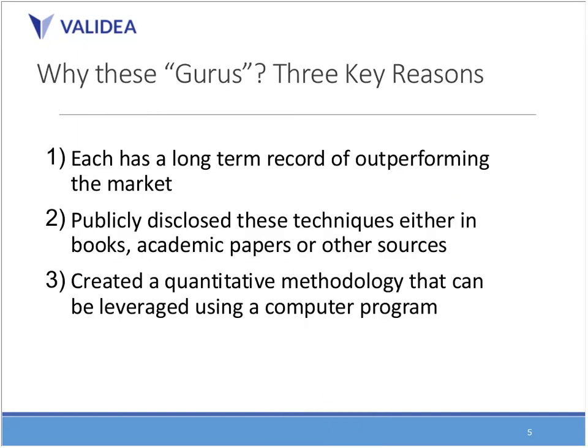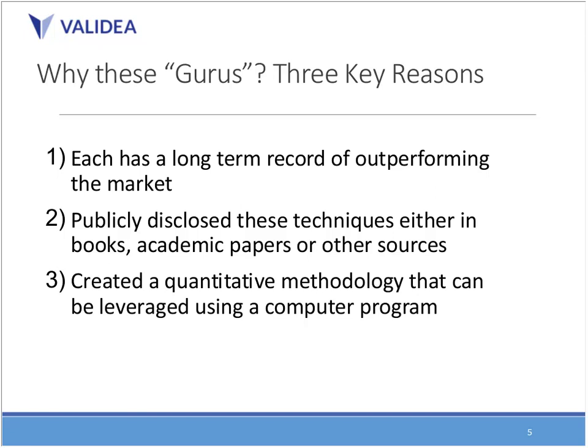So why these gurus? There are three key reasons. One, each has a long-term record of outperforming the market, so there was a track record. Second, they publicly disclosed those particular techniques, and they've done that in books or other sources or academic papers. And third, there had to be a strong portion of which was a quantitative methodology that can be leveraged using a computer program.